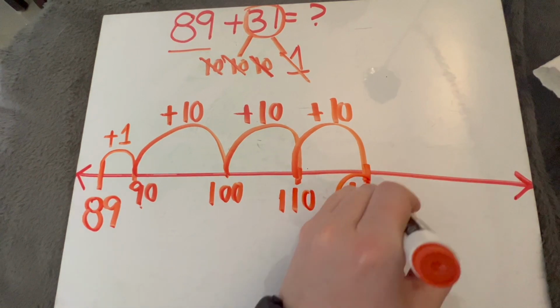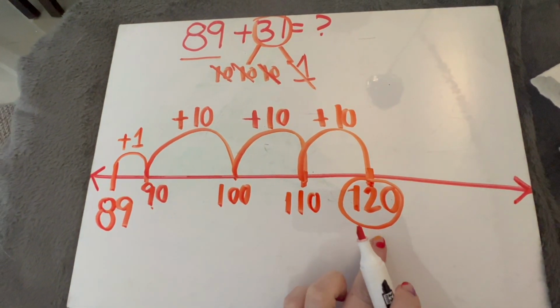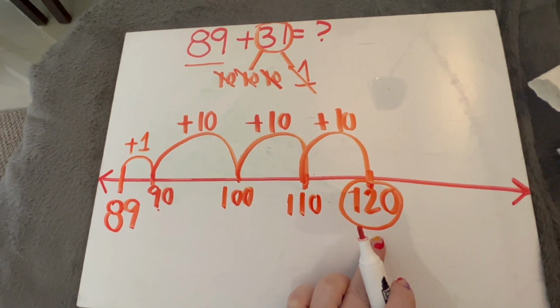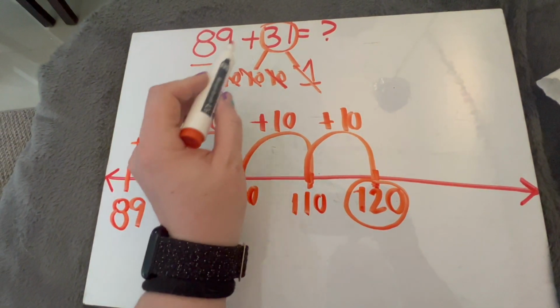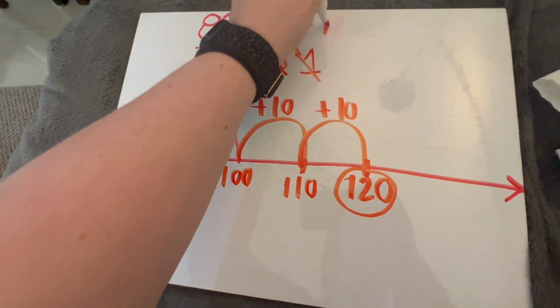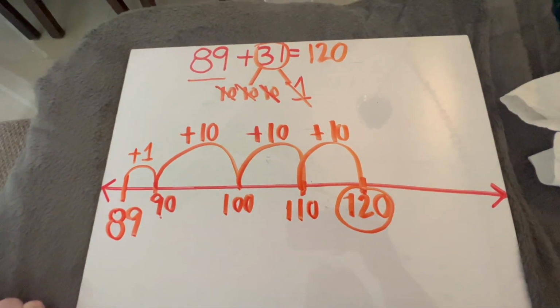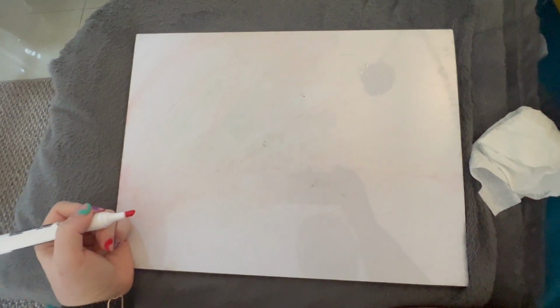That's right. We put a circle around it to show that that is our final number. So I know that 89 plus 31 is equal to 120. Okay?